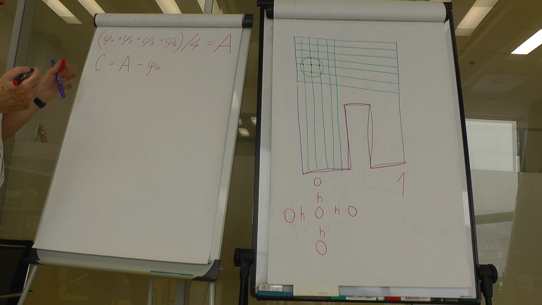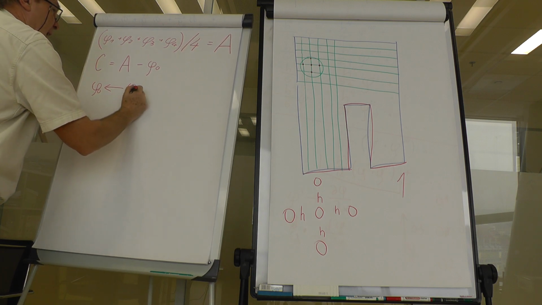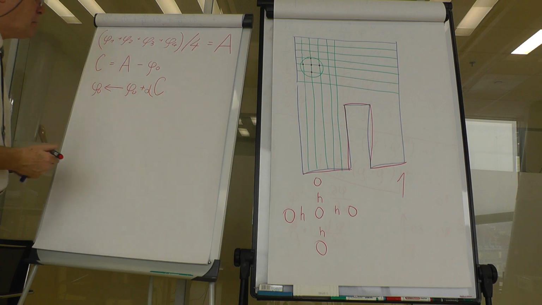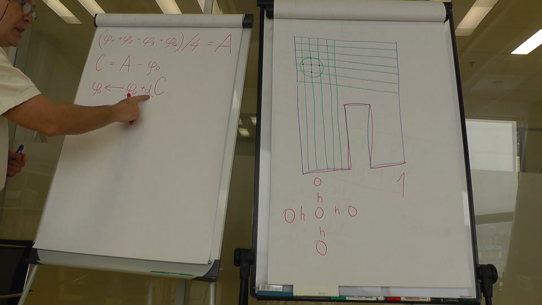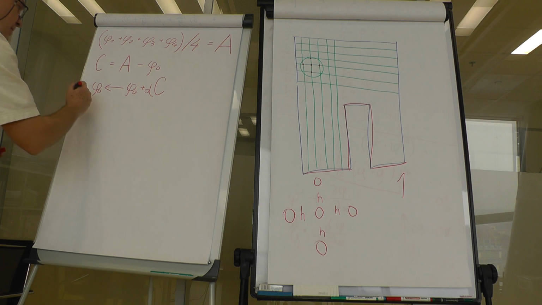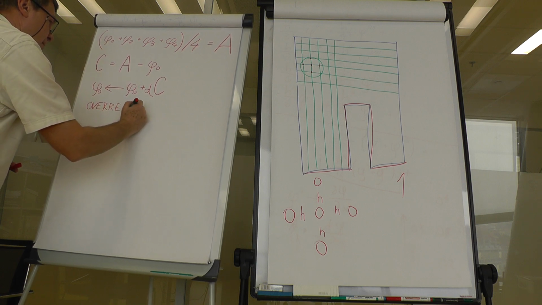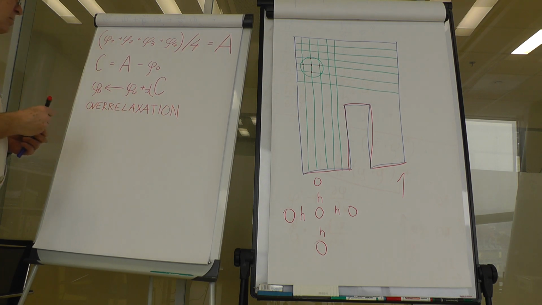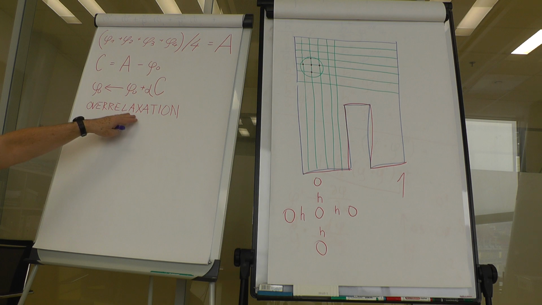So instead of putting the average into phi 0, we put there phi 0 plus not only the correction, but the correction multiplied by a coefficient alpha, which is called an over-relaxation coefficient. Okay, so we have this coefficient.